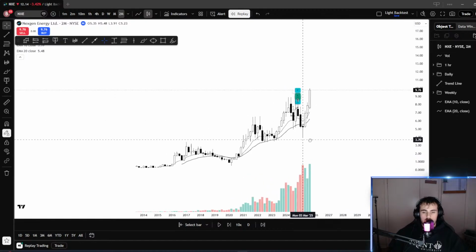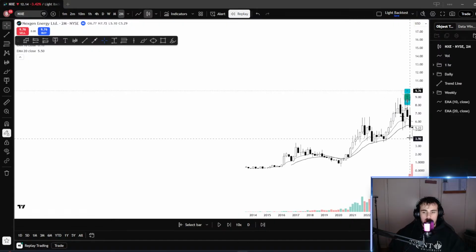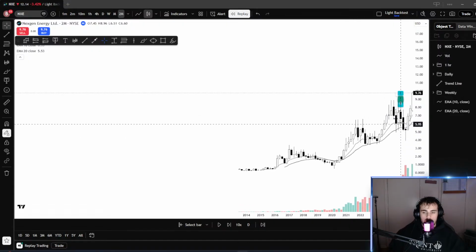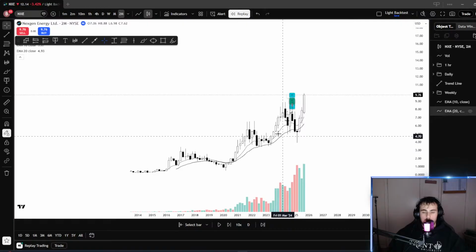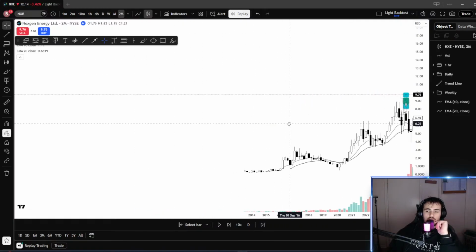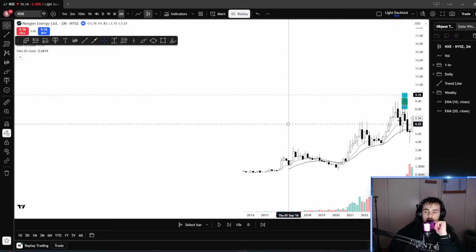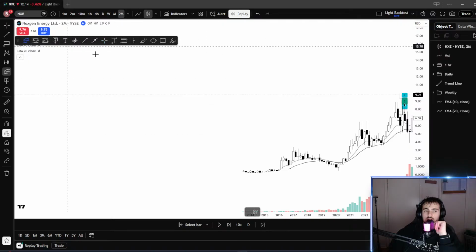Now this market, it comes below here, but then it recovers right away. The question to myself though is, once I see this market do this, how many candles do I need to see to be able to assume that this is still part of a higher low in this impulse?